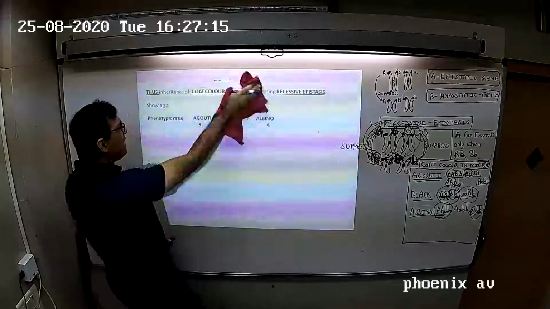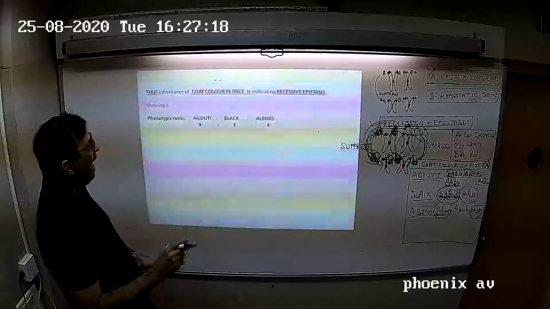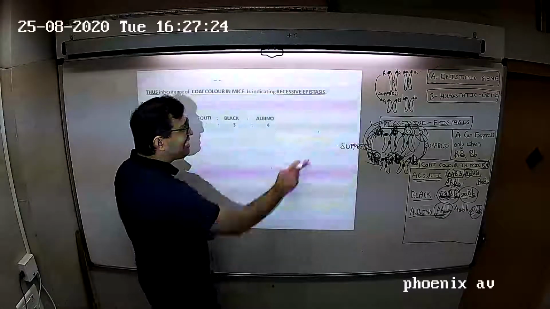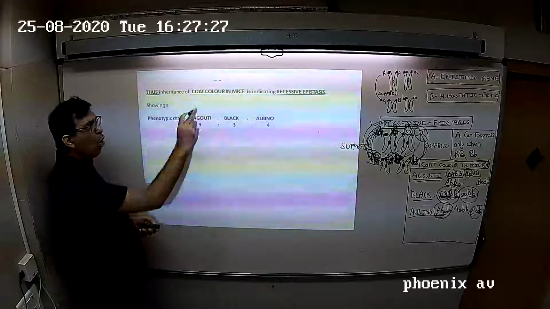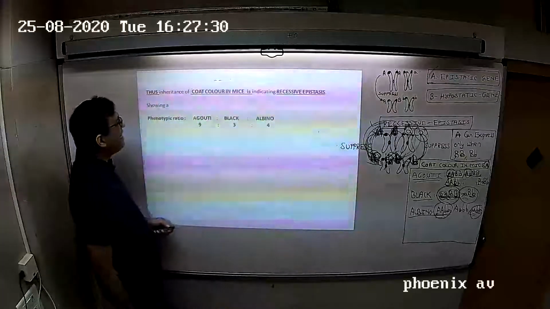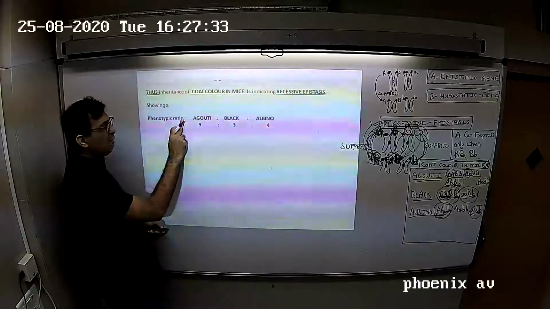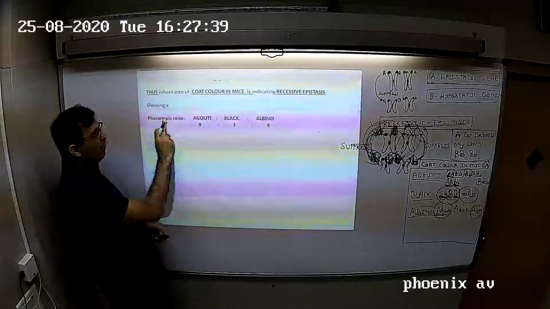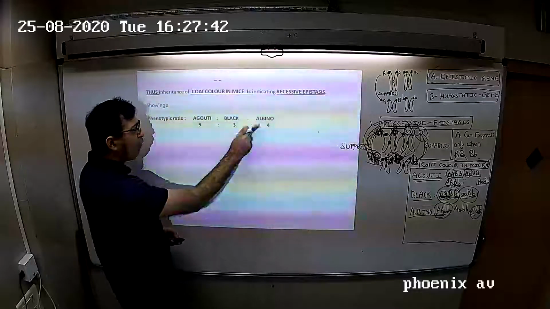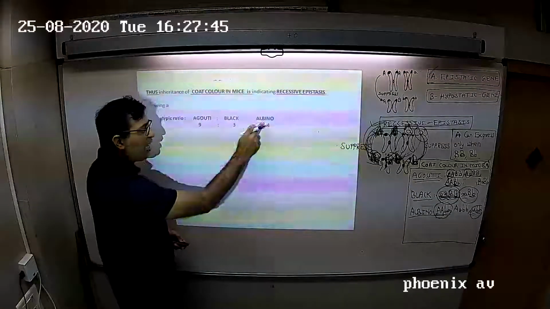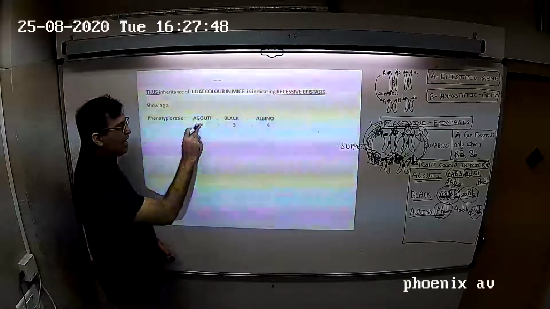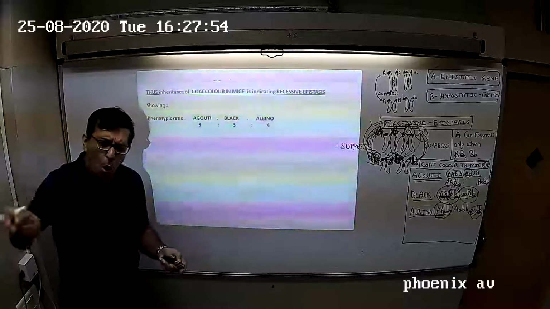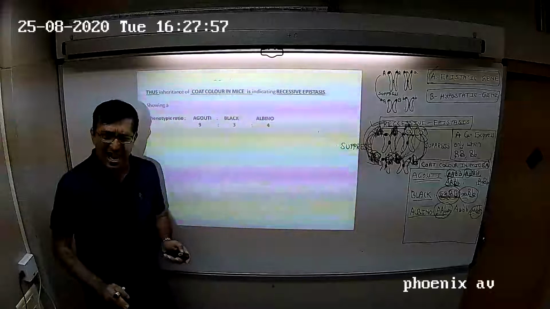Read that concept once, the logic, and you will remember that coat color in mice indicates recessive epistasis, showing a phenotypic ratio of 9:3:4. Agouti 9, black 3, albino 4. This is most commonly asked in the NEET exam.